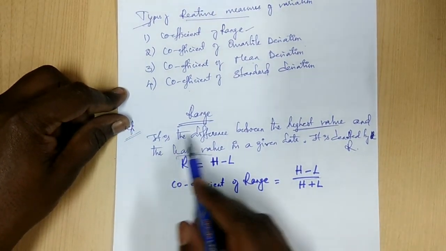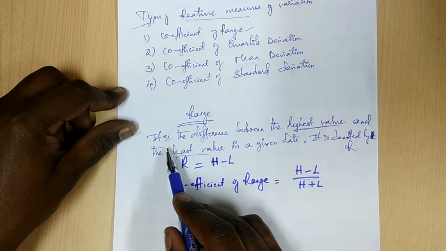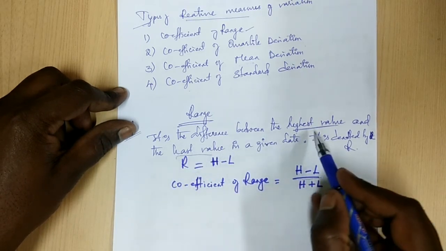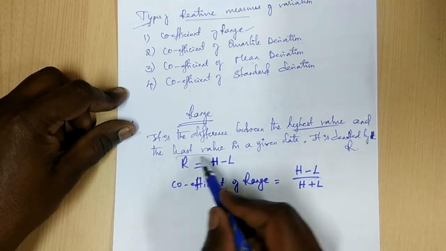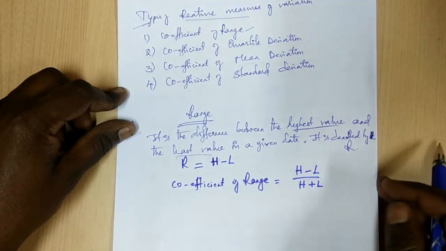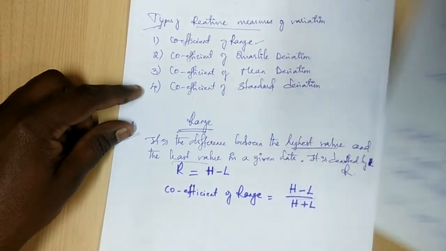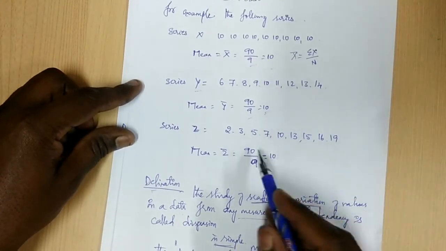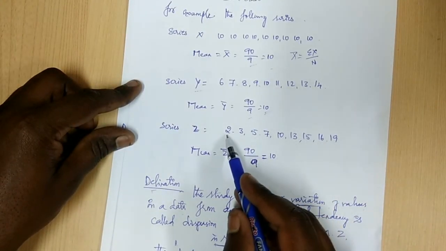Range, in simple terms, is the difference between the highest value and the least value. In our observed values, as we know, we are given three series, each with a highest value and a lowest value.